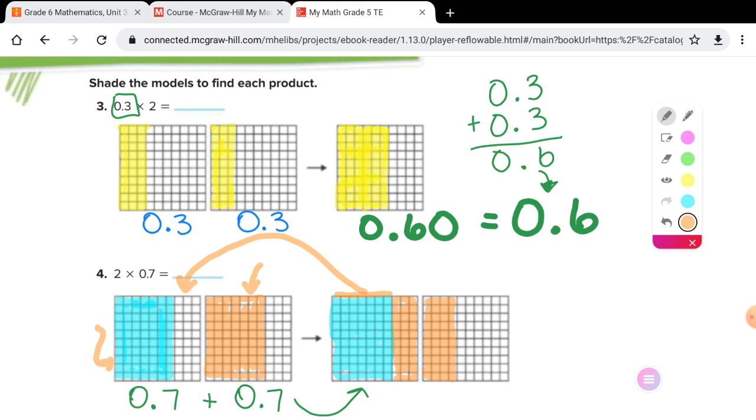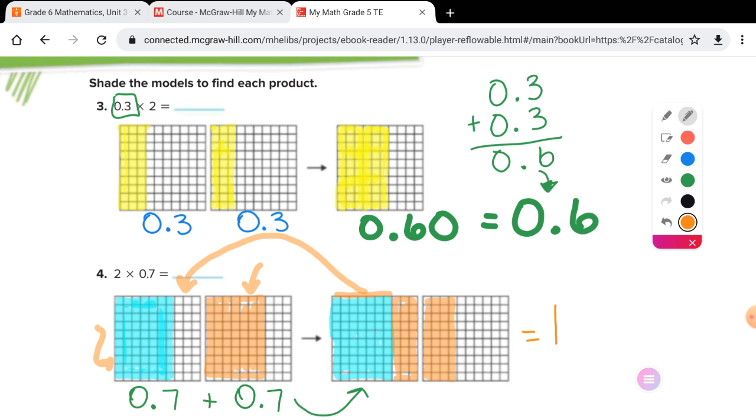So I have 1 whole filled, and what else? So I have 1 whole and 4 tenths or 40 hundredths. How do I write 1 whole and 4 tenths or 40 hundredths?